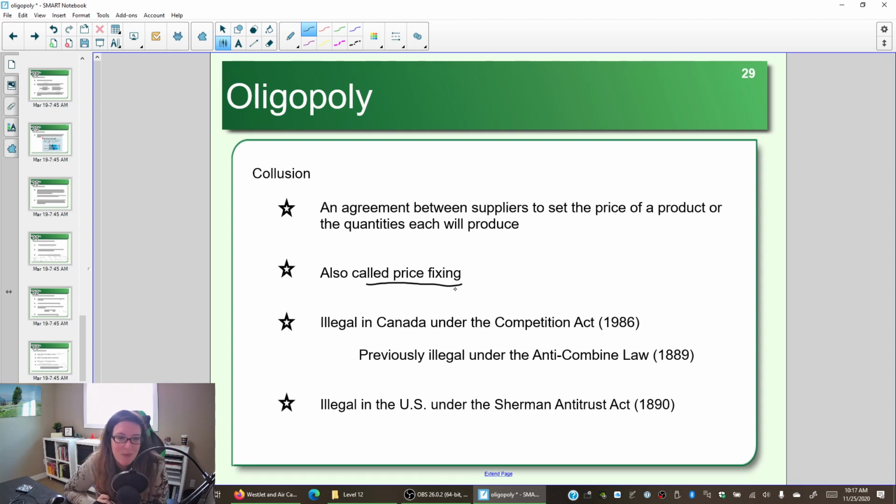This price fixing or collusion has been against the law in Canada since 1889. So since 1889, we have had what is called the anti-combine law. The anti-combine law came about because in the 1880s, CPR, the railroad, was given a 20-year monopoly on all rail traffic to Western Canada.